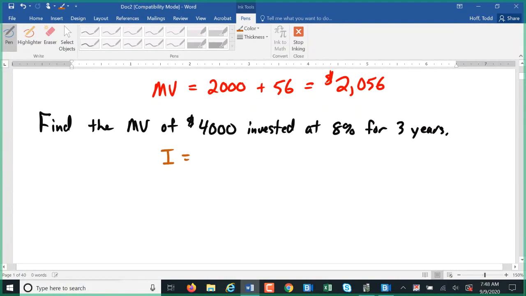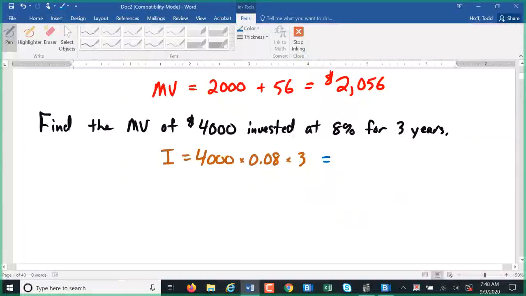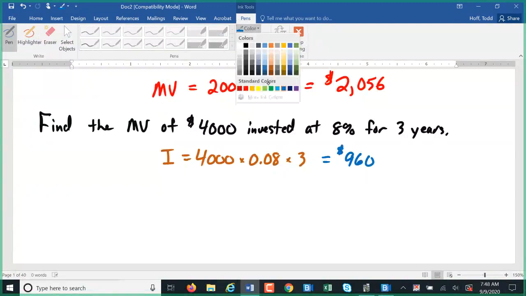First thing we do is find our interest. That's our principal of $4,000 times our rate, 8% becomes 0.08, times our time of 3 years. 4,000 times 0.08 times 3, I believe that's $960.